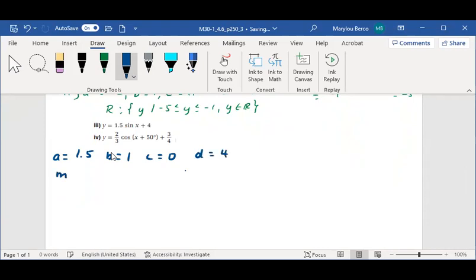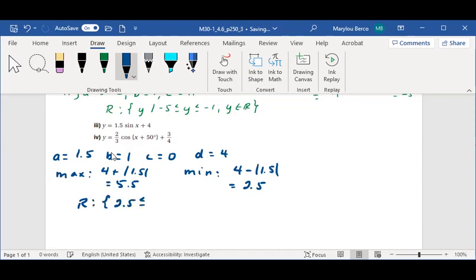So the maximum value is D plus the absolute value of A, or 4 plus the absolute value of 1.5, which is 5.5, and the minimum is 4 minus the absolute value of 1.5, which is 2.5. So the range is 2.5 is less than or equal to y is less than or equal to 5.5. Y is an element of all real numbers.